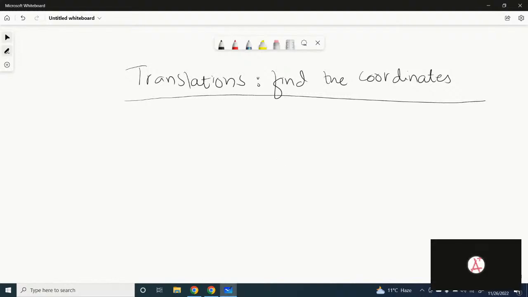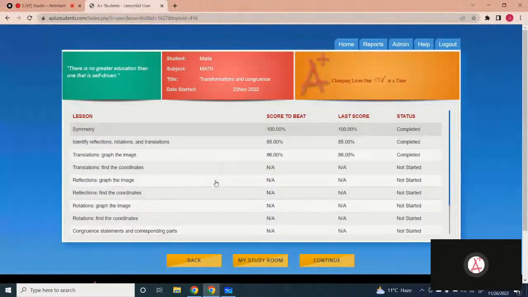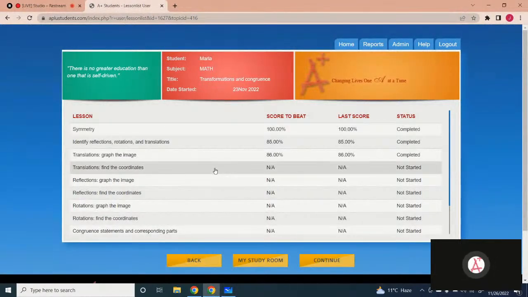So let's start with the lesson. Okay, here I'm on grade 8 maths. The chapter name is Transformations and Congruence, and the lesson we're going to start with is Translations, find the coordinates. Got it? Okay, let's start with the lesson.